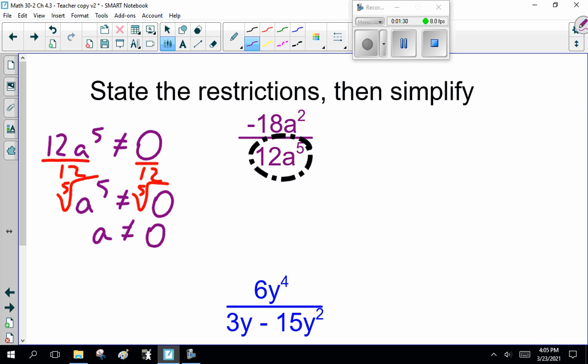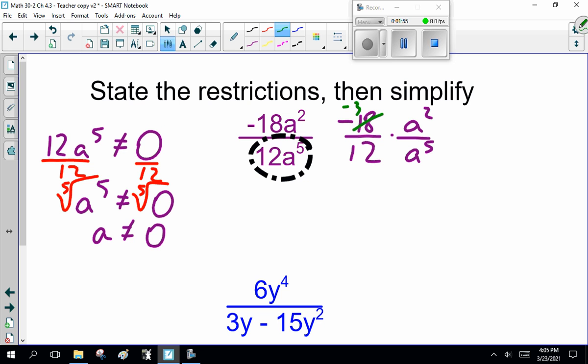Right? Now, the simplify part. I can split it up into the numbers and the variables. So, what is minus 18 divided by 12? Well, I don't know offhand, but I do know I can divide both numbers by 6.